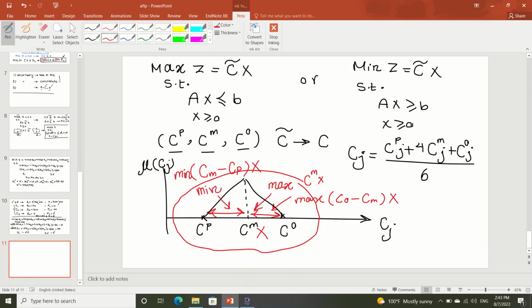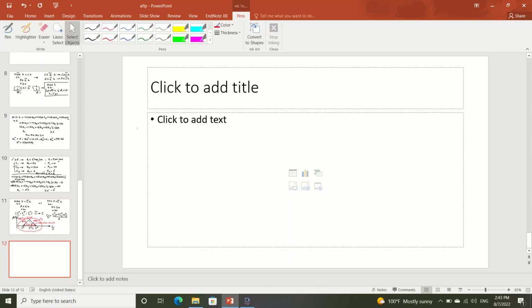If you minimize the left part of the triangular fuzzy number coefficient and maximize the moderate coefficient multiplied by the vector of decision variables and maximize the right part of this number, you are going to maximize the fuzzy objective function. So this is necessary.